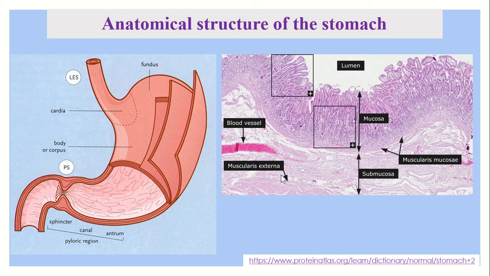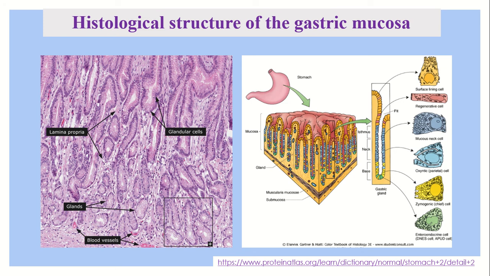Outside, the stomach is surrounded with peritoneum, as it is an intraperitoneal organ. In the histologic structure, here we see the high power of the mucosa with the epithelial, foveolar, and glandular cells located in the lamina propria. We call them the gastric glands. They are dispersed in the fundus region, the pyloric region, and the cardiac region.